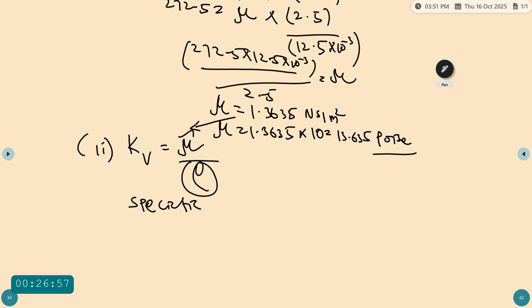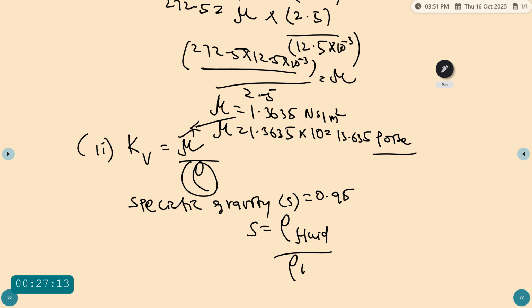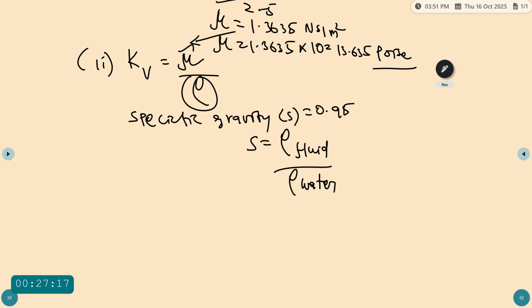We know the specific gravity of the fluid is S equal to 0.95. So S is equal to the density of the fluid or oil divided by the density of water. Substitute the values: 0.95 is the specific gravity.